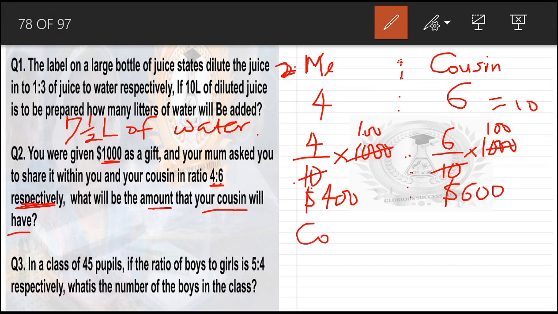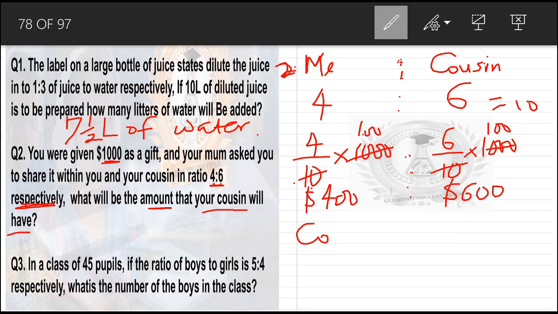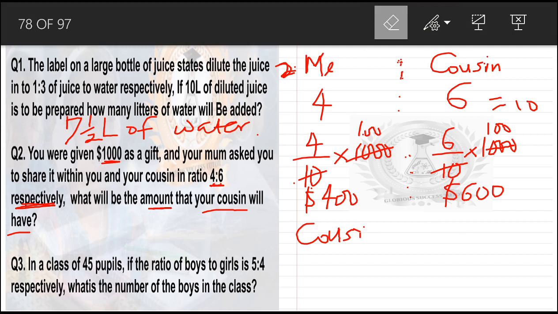So you can come up and say, cousin, we have how much now? $600.